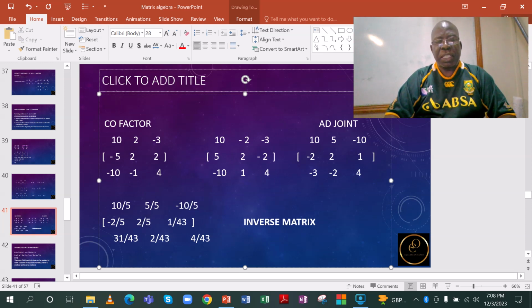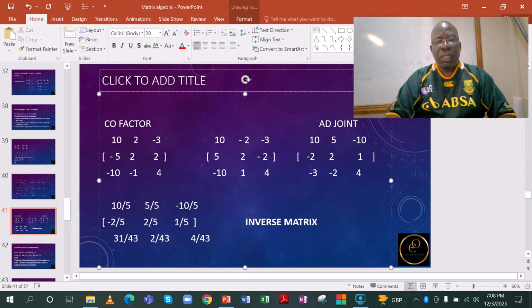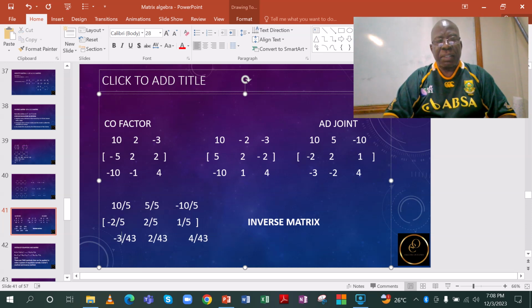Remember the determinant is still maintained. Then here it will be 1 divided by 5. Then here it will be negative 3 divided by 5.